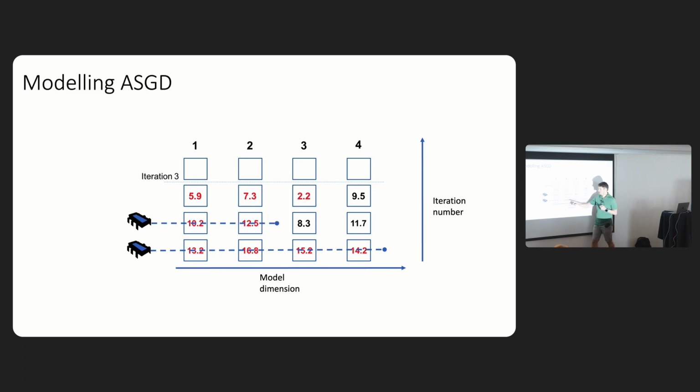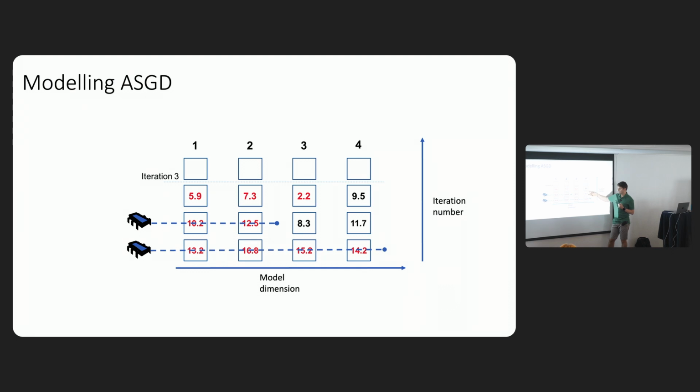And then we have another processor which did the fetch and add, which resulted in this. But the processor was not able to progress past this point, so it didn't apply the fetch and add with respect to 8.3, and it didn't do the fetch and add with respect to 11.7. So this would be an entry that's hanging. It's a gradient entry that was generated by this processor, and it's hanging in the air, waiting to be applied.